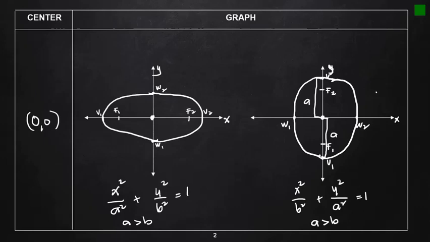But in the first one, the a was below x, and the graph is horizontal. While on the second one, the graph is vertical. The vertices, the foci, and the center are aligned vertically, whereas on the first graph, the vertices, the foci, and the center are aligned horizontally.